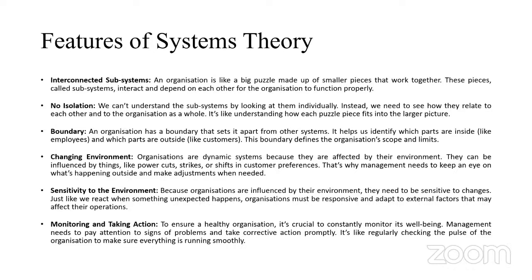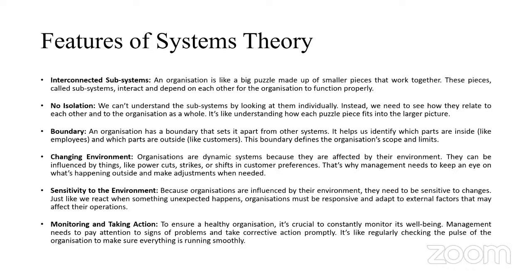Next one is boundary. Every organization has a boundary that sets it apart from other systems. When I say a boundary, I don't mean a physical wall or anything like that. A boundary will tell you what are the parts which are inside the organization and what are the parts that are outside the organization. All those aspects over which an organization has control are said to be inside the boundary.